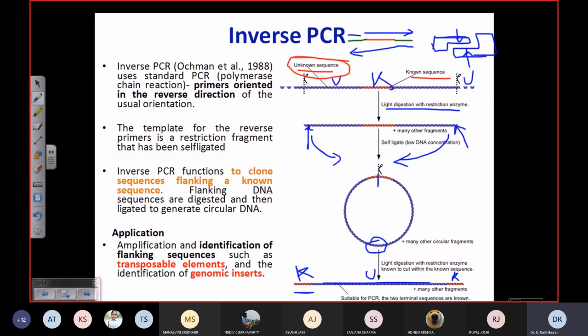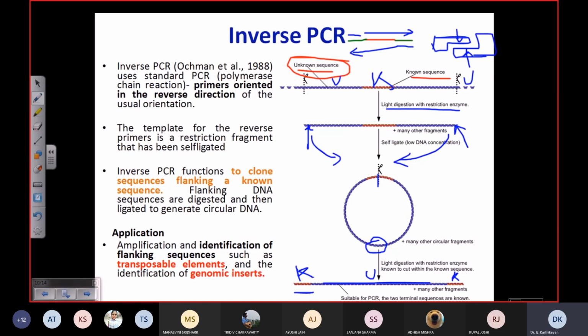We need to reverse it, and to reverse it, what we usually do is use light digestion with a restriction enzyme on the fragment to provide the overhang, then make a circularized DNA. Then we use a restriction enzyme to cut it somewhere in the middle of the known sequence to make a linearized DNA again. But this linearized DNA is completely inverse of the previous type. It is reversed.